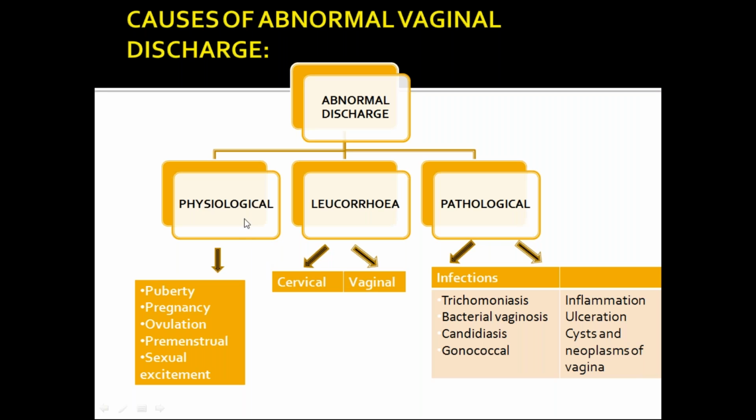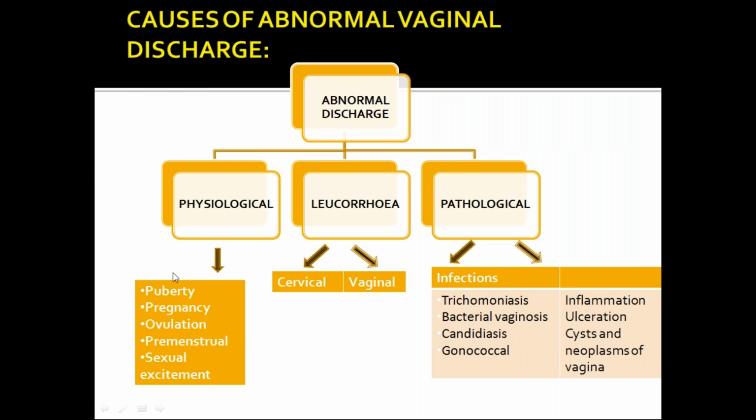When you say excessive vaginal discharge, that means the patient has to keep an extra absorbent pad. That is termed excessive vaginal discharge, and it is usually pathological, but sometimes excessive vaginal discharge can also be normal, as in physiological conditions and leukorrhea.